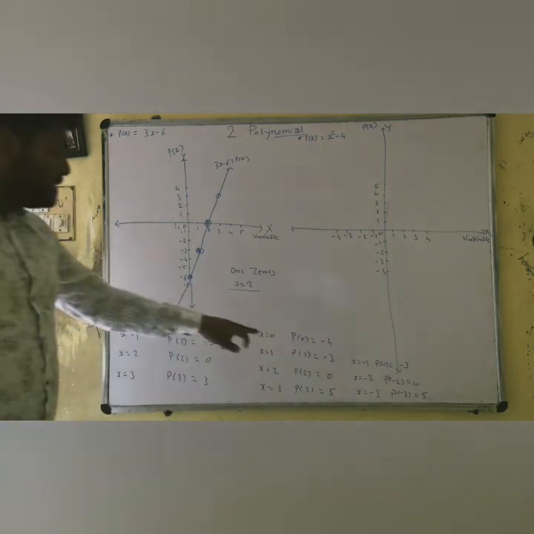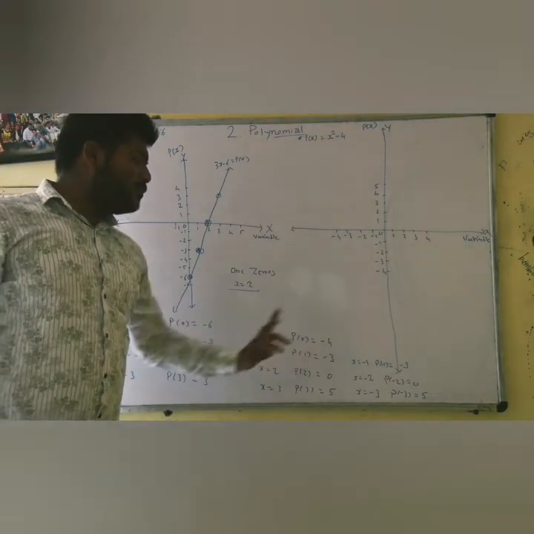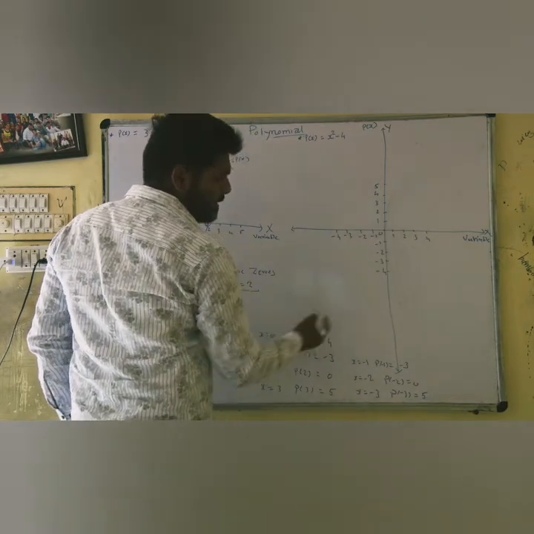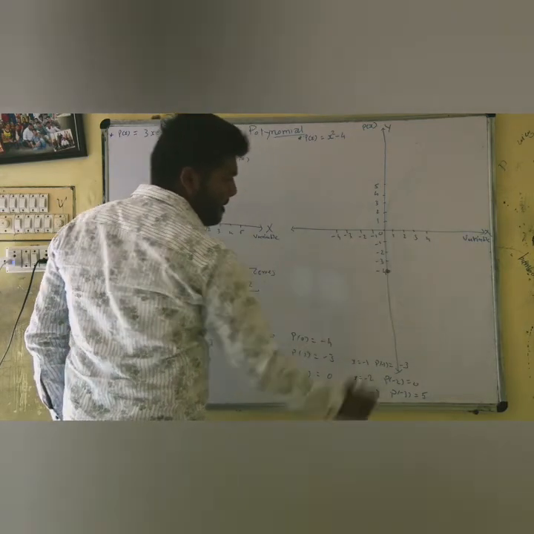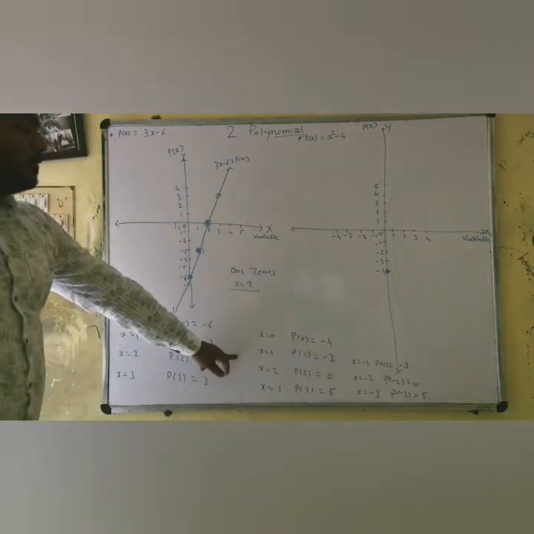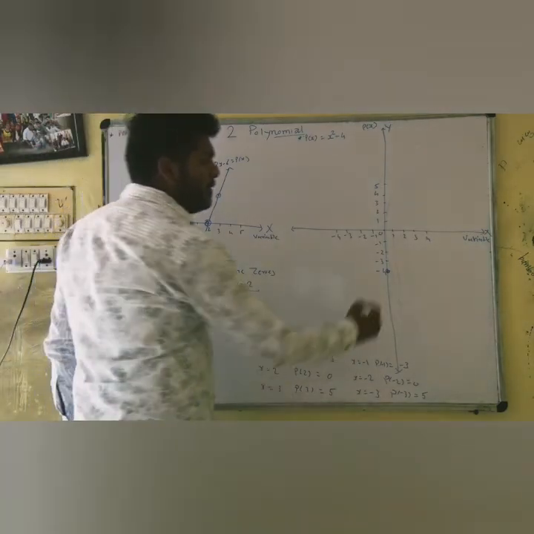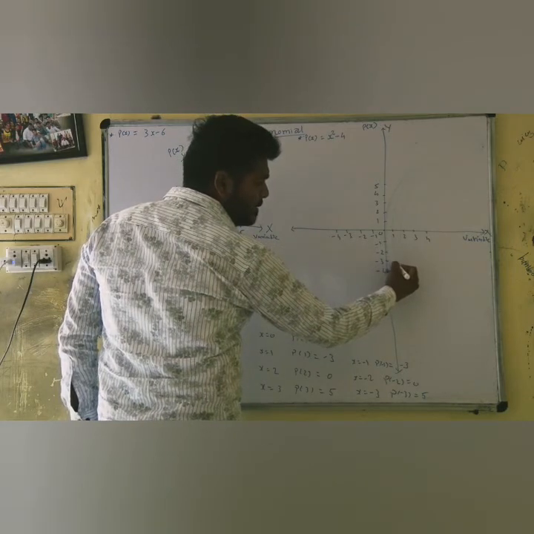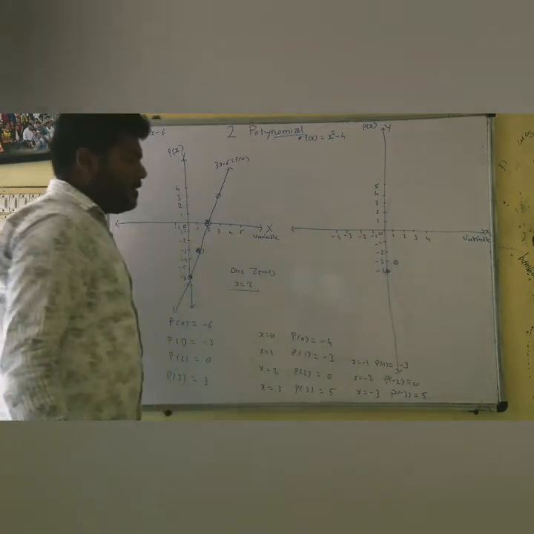Now, when x equals 0, the polynomial equals minus 4. X equals 0 means here, and the value is minus 4, so this point. When x equals 1, p of 1 is minus 3. When x equals 1 means here, and minus 3 here. So our point is here.